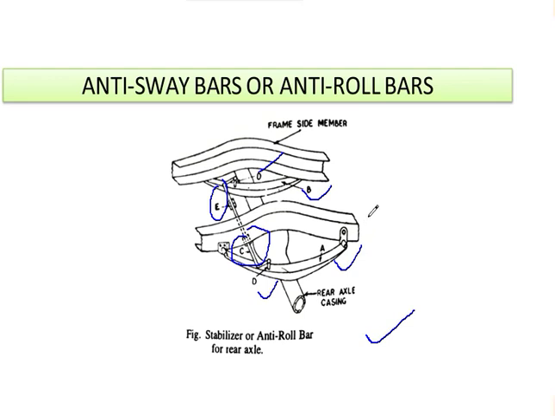To understand the working of the stabilizer bar, consider a situation when the car rolls such that the nearer side in the figure moves up. That decreases load on spring A, which causes the nearer rod B to move down.